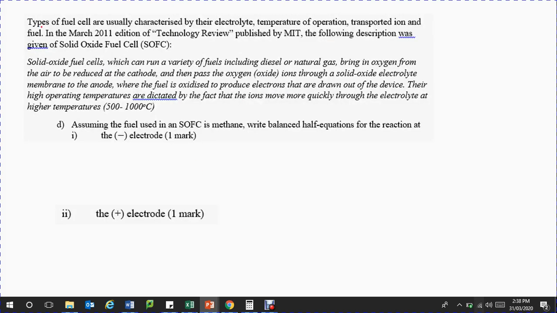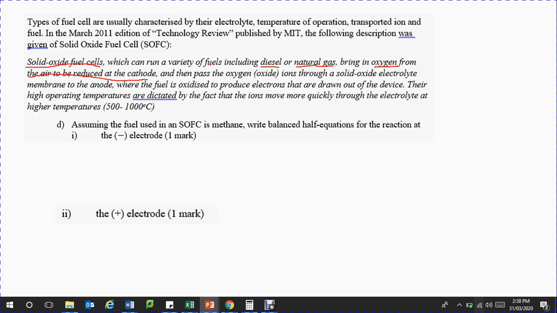Next part of the question. Lots of information here. Types of fuel cells are usually characterized by the electrolyte, temperature of operation, transported ion, and fuel. Solid oxide fuel cells can run a variety of fuels, including diesel or natural gas. So natural gas, methane. They bring in oxygen from the air to be reduced at the cathode.